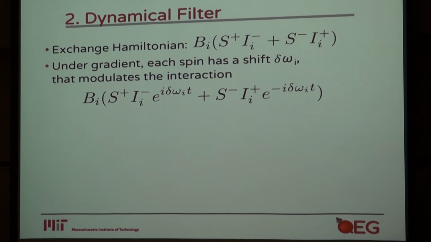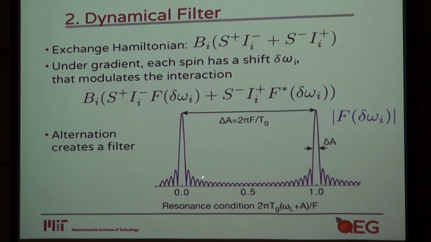Again, I can choose the timing and repeat this polarization gradient in a way which will create a nice filter which will only select some spins which are in resonance with the particular timing, while canceling out this type of Hamiltonian for all the other spins which are not in resonance. This really allows me to achieve very high frequency resolution. And I can apply this type of gradient for a long time because I can store the information about the NV state onto the nuclear spin while applying this gradient. This allows me to go beyond the coherence time of the NV center and up to the millisecond time scale.